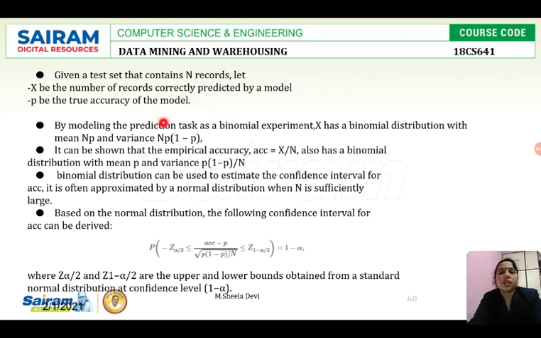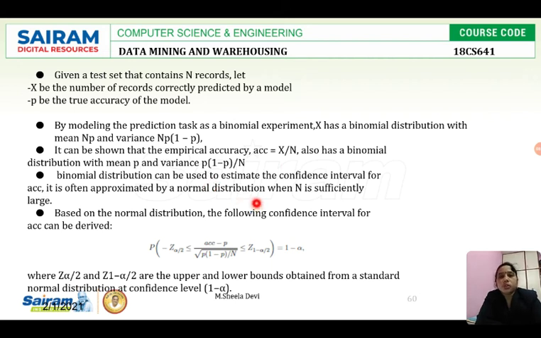By modeling the prediction task as a binomial experiment, x has a binomial distribution with mean np and the variance. This is what we saw in the previous slide. And it can be shown that the empirical accuracy is equal to x by n, and the binomial distribution can be used to estimate the confidence interval.